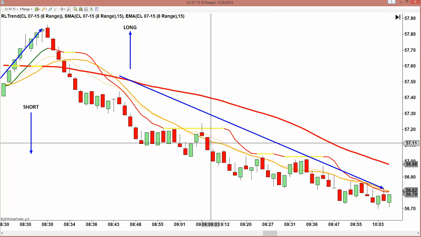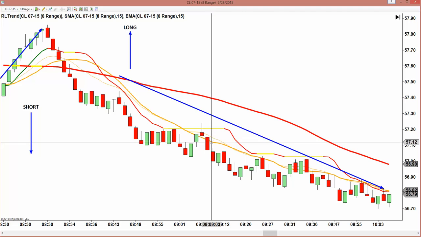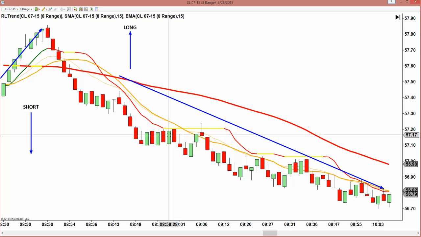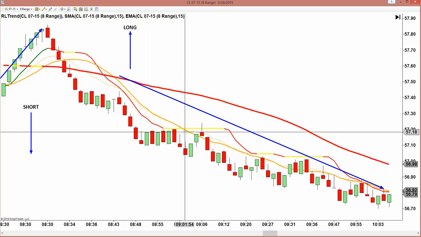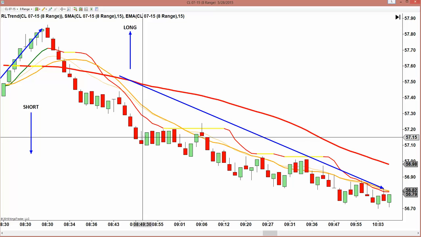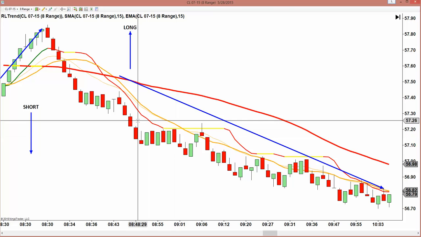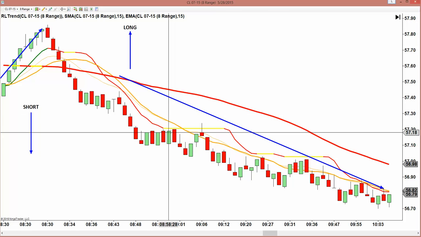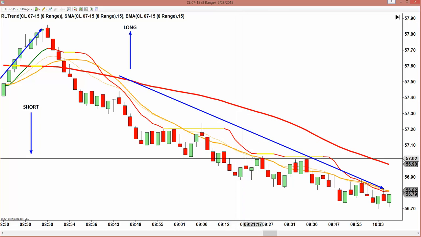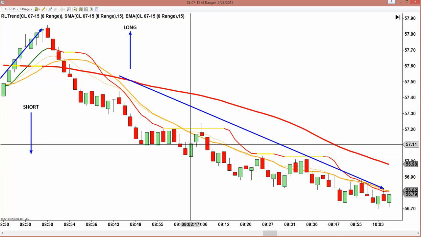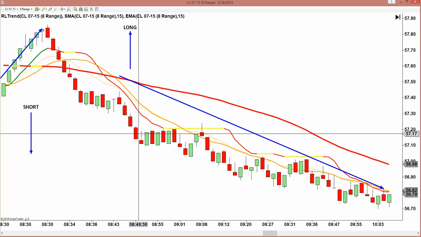The reason is that the exponential takes into account the close of the last few candles much more heavily, making those much more important than the ones farther out, so it hugs price action even closer. But you can see how poorly they define chop. They're almost always in a downtrend, even when price action is not.